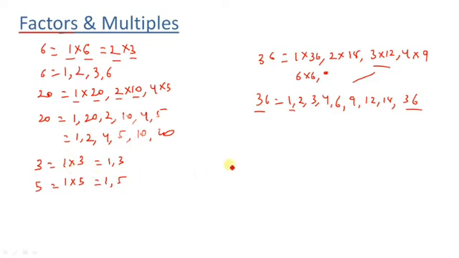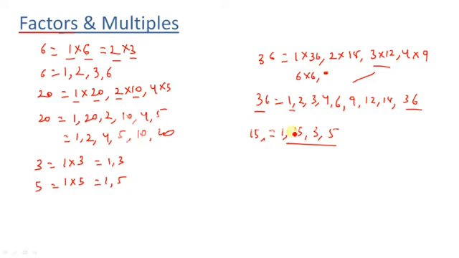So for any number, at least two factors will be there, that is 1 and the number itself. Suppose I write 15. Definitely two factors will be there, 1 and 15. Along with that there will be others, 3 and 5. So this is factors.